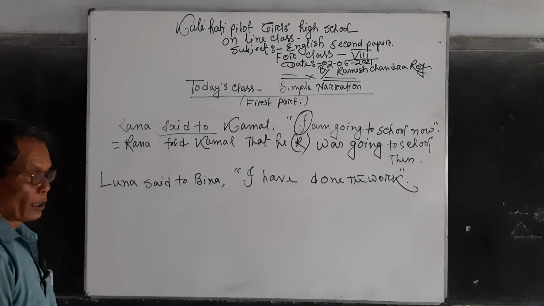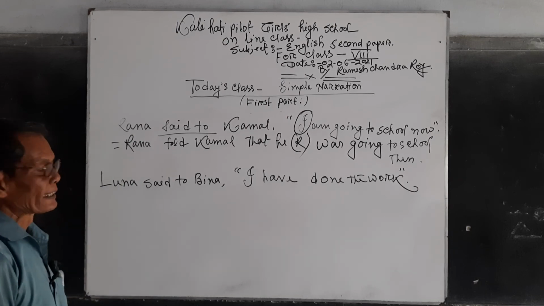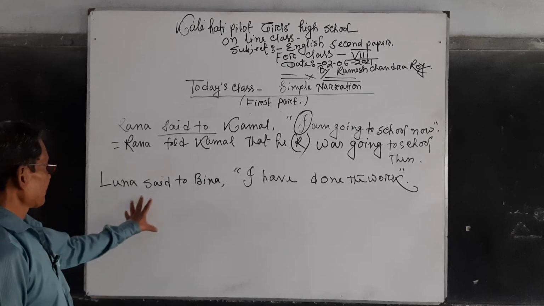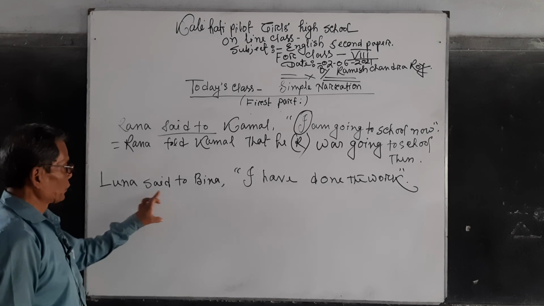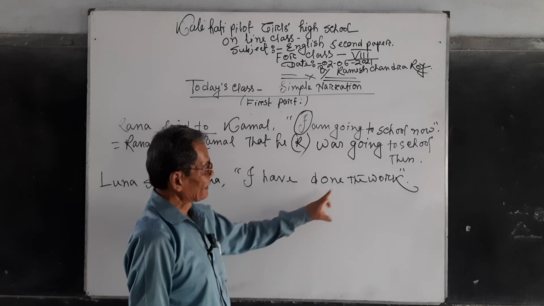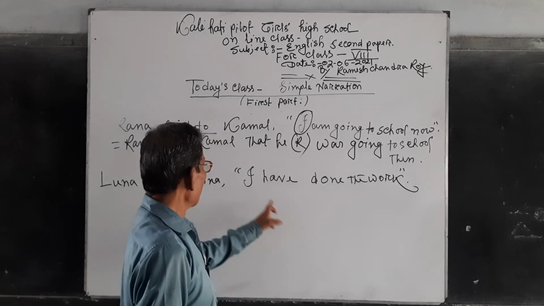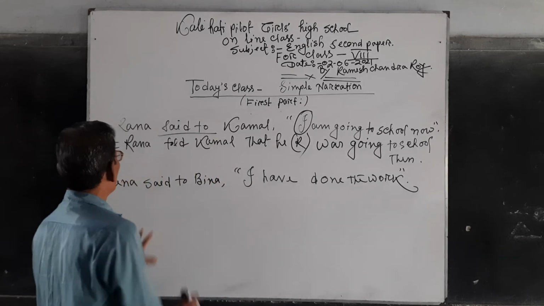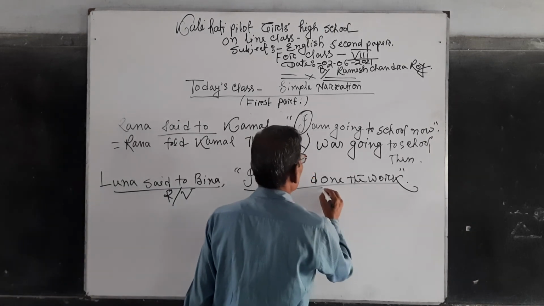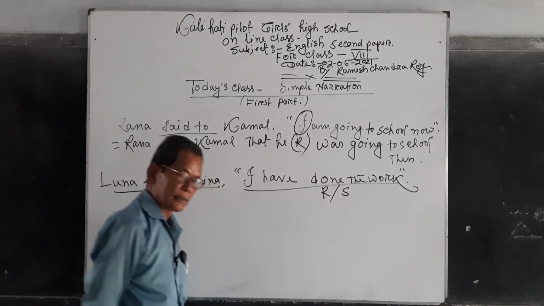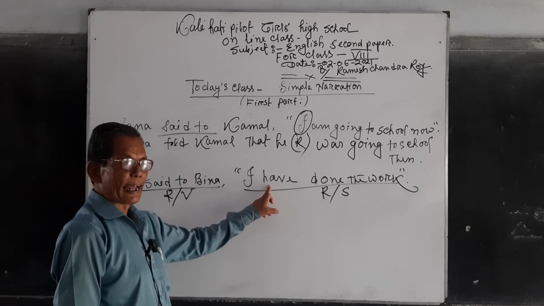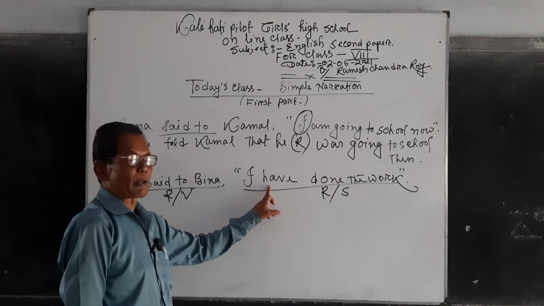In example number 2, we can see that the first part, Luna said to Bina, is the reporting verb and the second part, I have done the work, is covered with inverted commas. This is the reporting verb and this is the reported speech, and the reported speech is present perfect tense, but now we shall have to change it into past perfect tense.